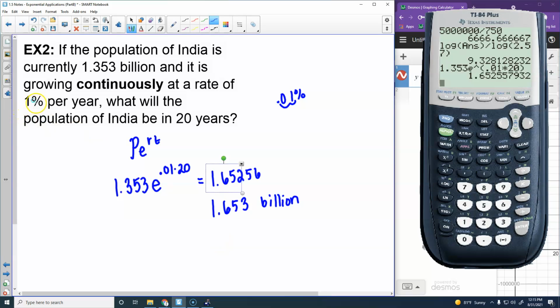1% does not sound like a super high growth rate, but you can see that in 20 years, which is not that long, you've got 0.3 billion extra people. Maybe we do need to move the decimal place just to see that. So we got 9 decimal places per billion.